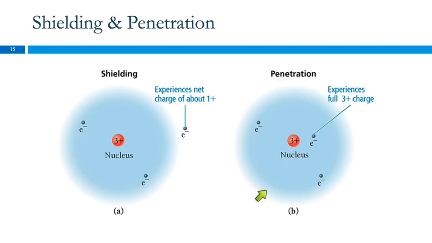So here's the idea of penetration. If this electron that was out here in this second level is able to get in among these other ones, now it can see better. I'm thinking actually the example of a crowd might be better than clothing, right?